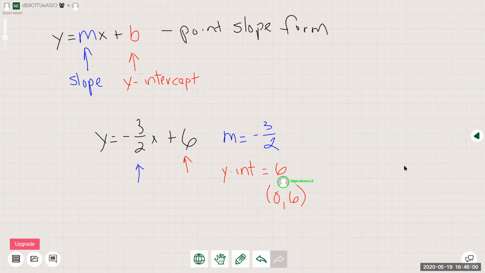And you can tell just from that, it's going to be a negative slope because you're going down. It's fairly simple to identify it when it's in this format. So we'll just do 2 more like that, and then we'll move on to how you go from an equation in standard form and find the slope and y-intercept that way.